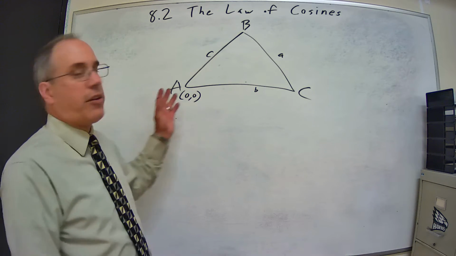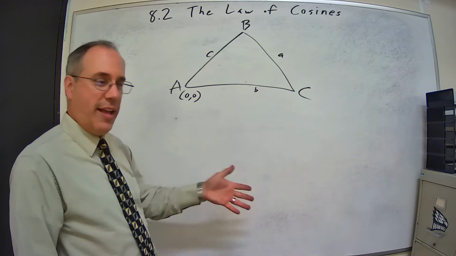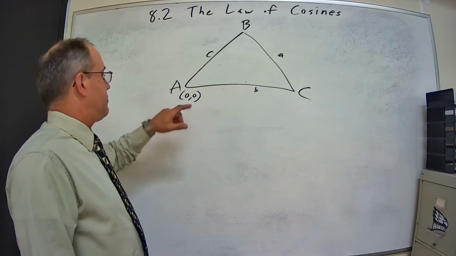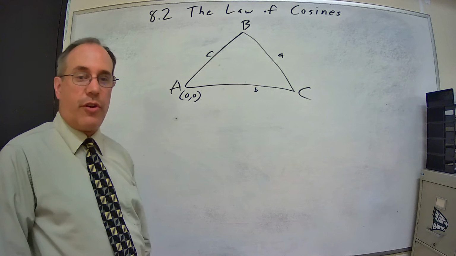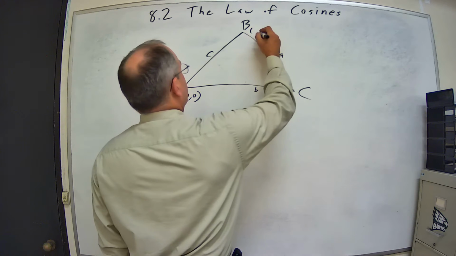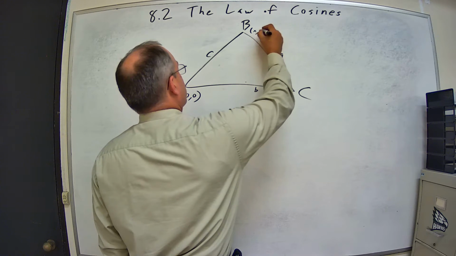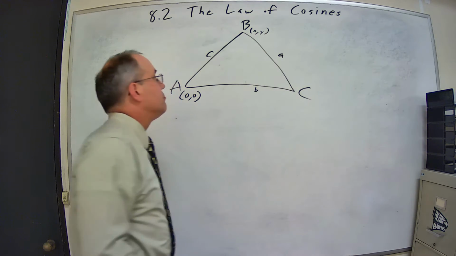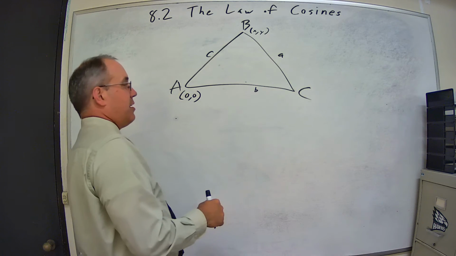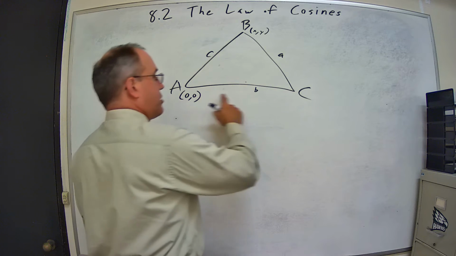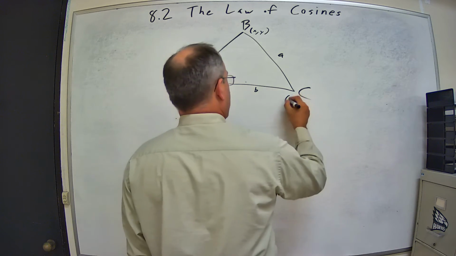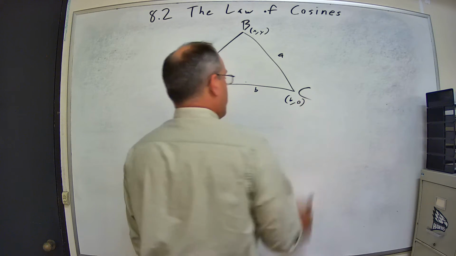So we put this on a Cartesian plane, an XY axis, and we put A at 0, 0, the origin. B is therefore located at a point X, Y. C is located at a point, well, it's b to the right of A, so it's located at a point b, 0.